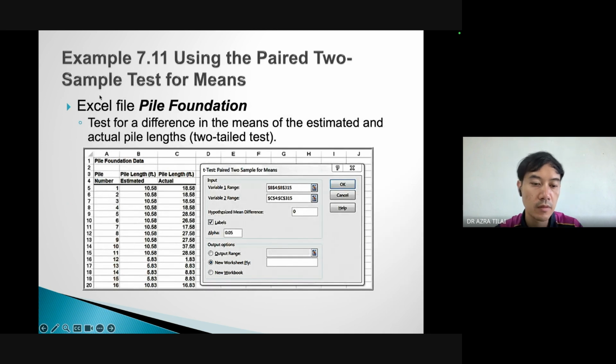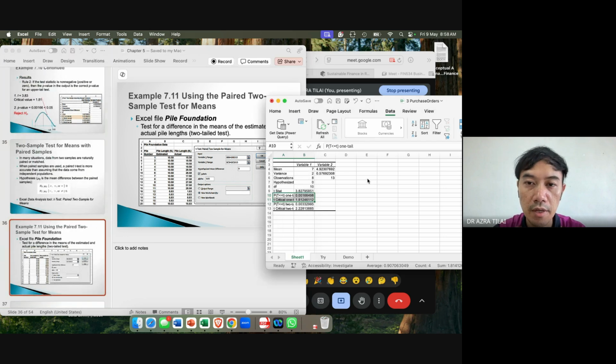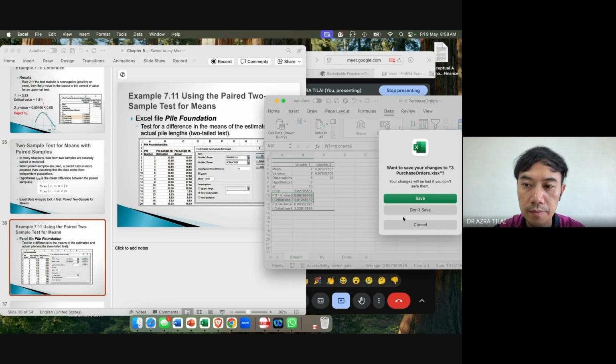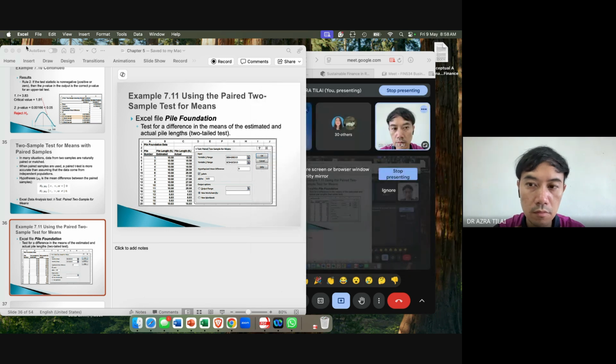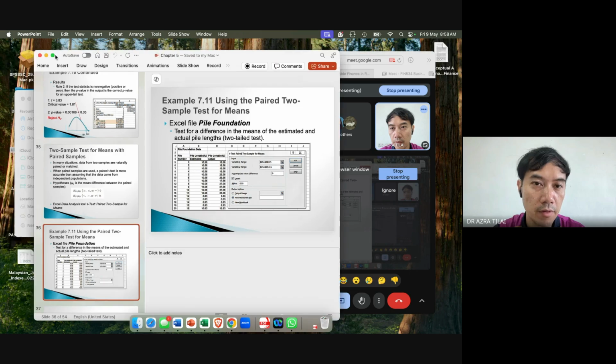So we can go here. We try this one again. Look at the pile foundation.